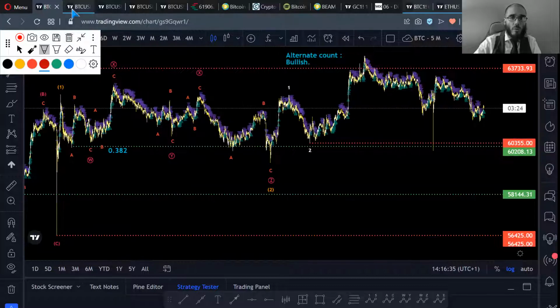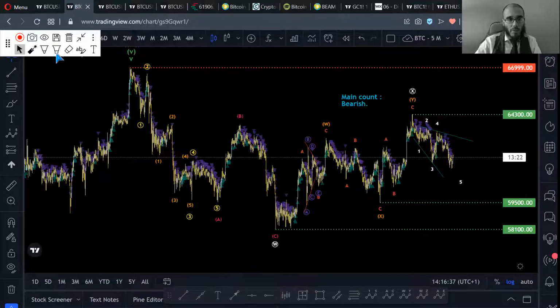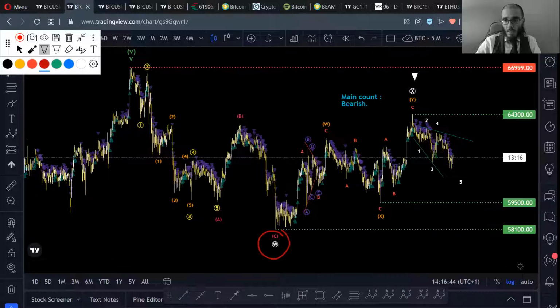And now let's talk about my main count. On my main count, I'm labeling it WX, and I'm looking for a Y wave down.